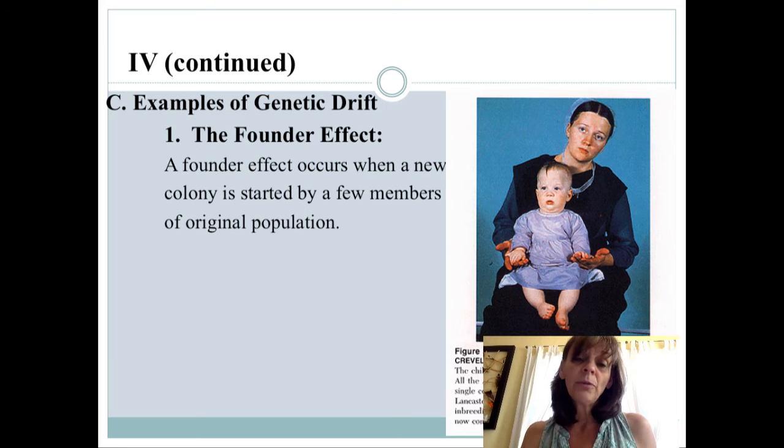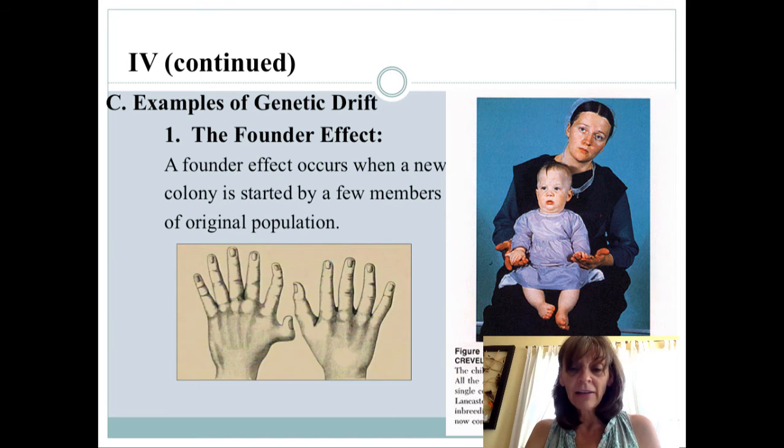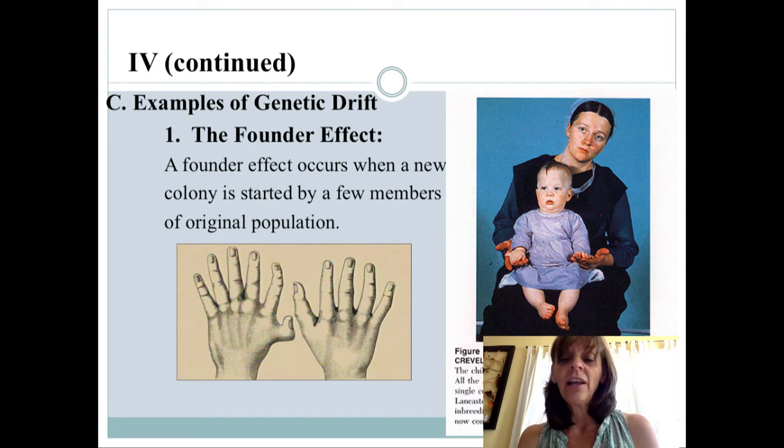That small group of people didn't bring a very large gene pool, and they brought with them a genetic defect which created a 5 or 6 fingered variation that showed up fairly frequently in their population. Because it was a small population, there was some inbreeding, and they had this defect.